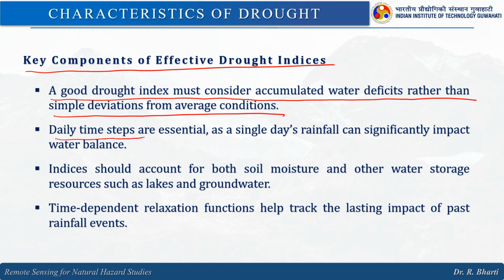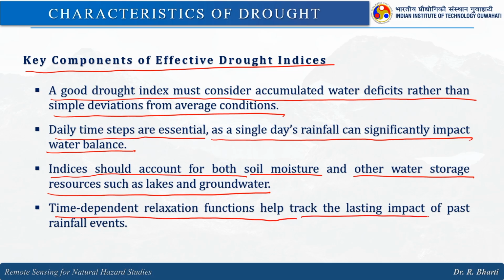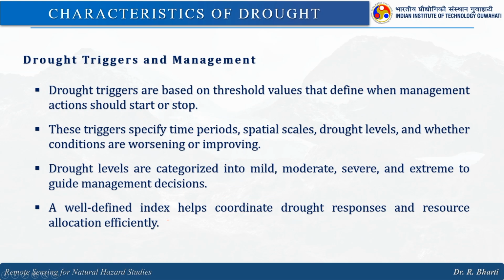Daily time steps are essential, as a single day's rainfall can significantly impact water balance. Indices should account for both soil moisture and other water storage resources such as lakes and groundwater. Time dependent relaxation functions help to track the lasting impact of past rainfall events. So, we need to evaluate the situation.